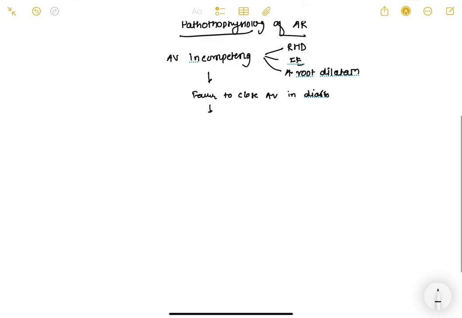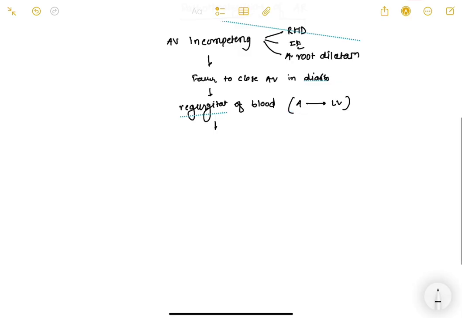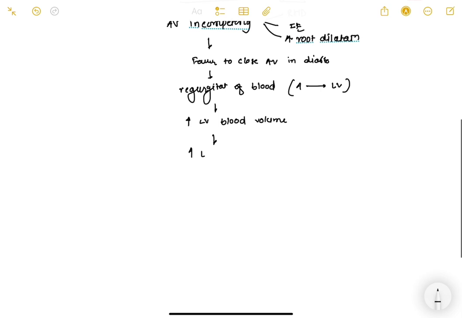What will happen due to this? There will be regurgitation of blood from the aorta to the LV, right? So there will be increased left ventricular blood volume. So there is increased left ventricular end diastolic volume.